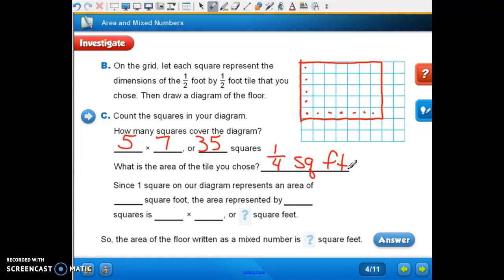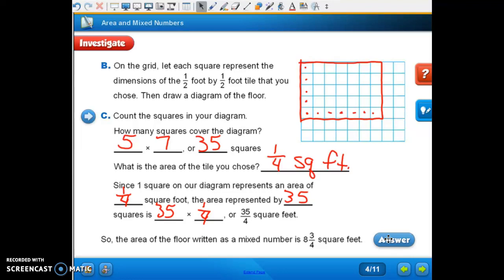Since one square on our diagram represents the area of 1/4 square foot, the area represented by 35 squares is 35 times 1/4, or 35 over 4, and 4 goes into 35 8 times, and then you would have 3 left over, and you would put that over your 4.